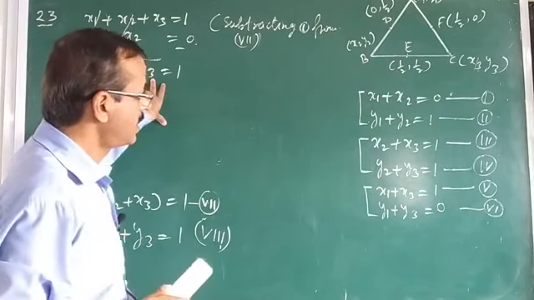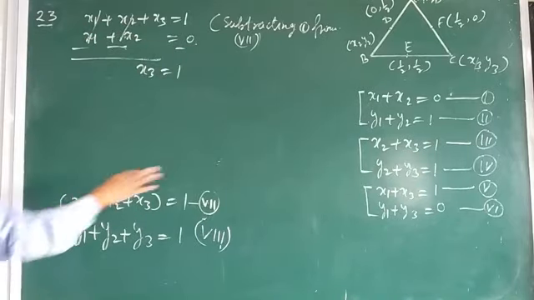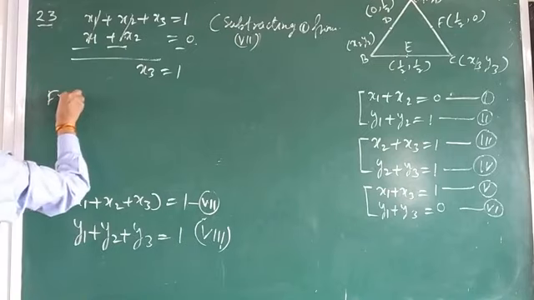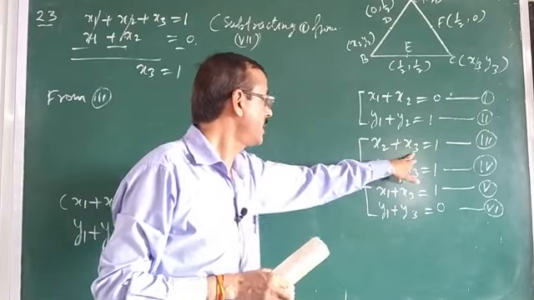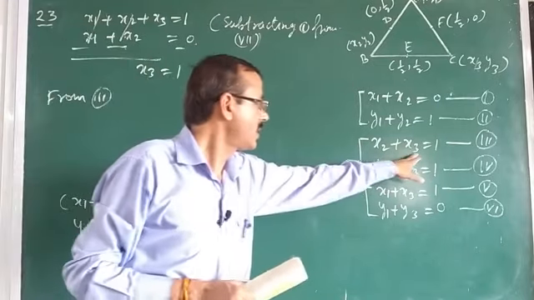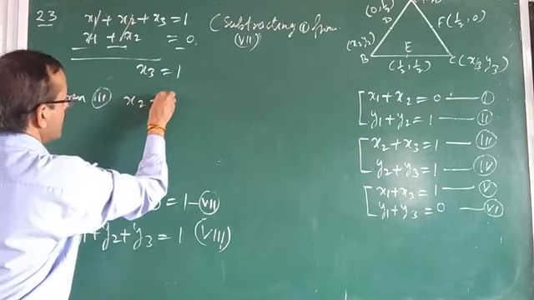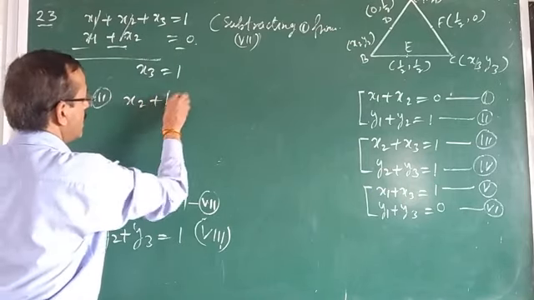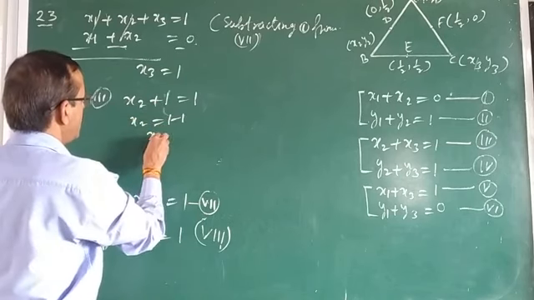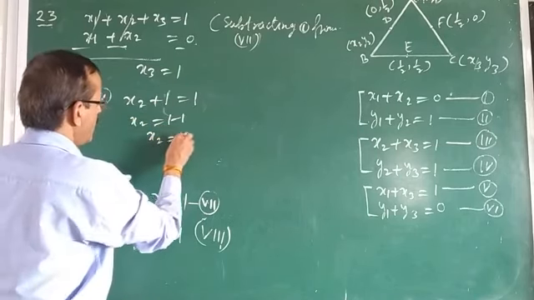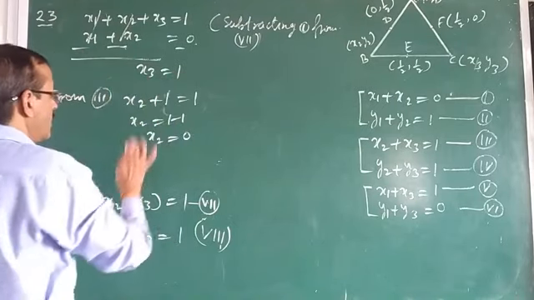Now substitute this x3 in the third equation. We will put 1 here, so x2 plus 1 is equal to 1. Transpose this 1, so x2 is equal to 1 minus 1, x2 will be equal to 0. So we found x3 and x2.